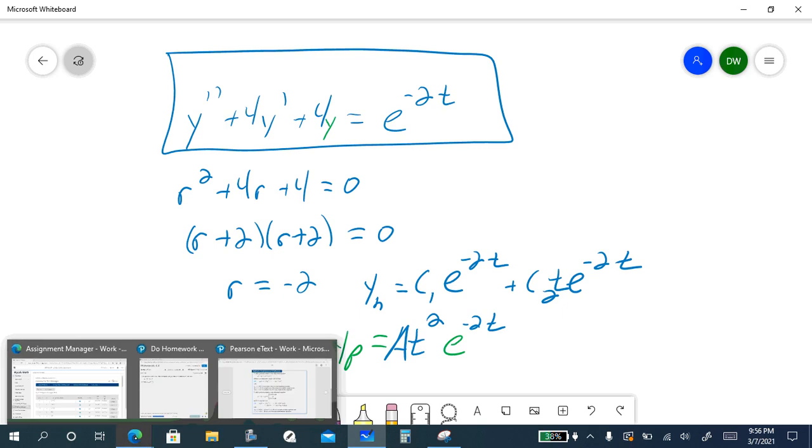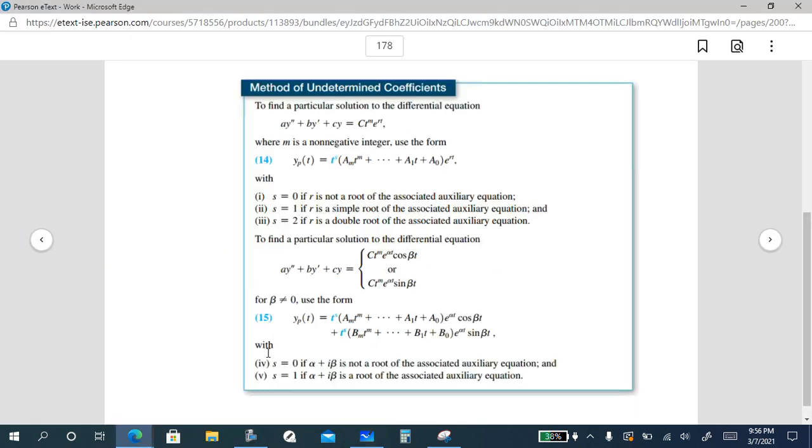Let me show you real quickly in the book. Here's the summary of this method. If we have a polynomial, it could be multiplied by e to the rt, we're going to list t to that power, and then every power down to a constant.